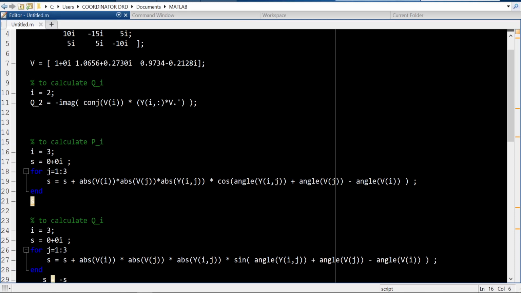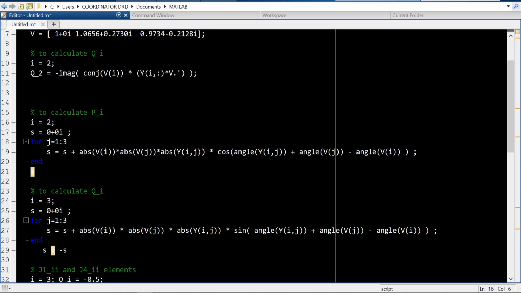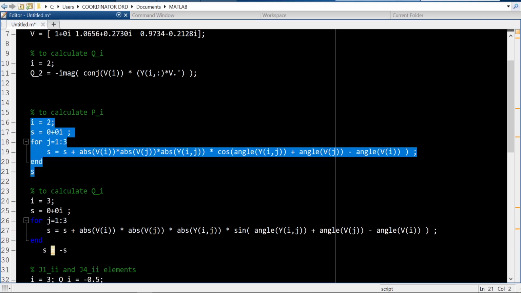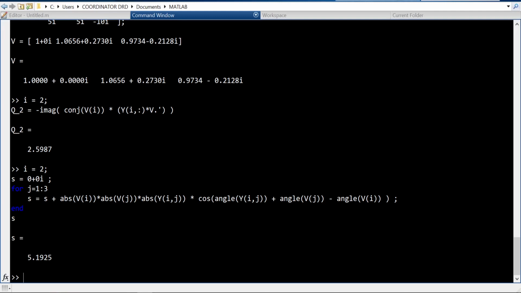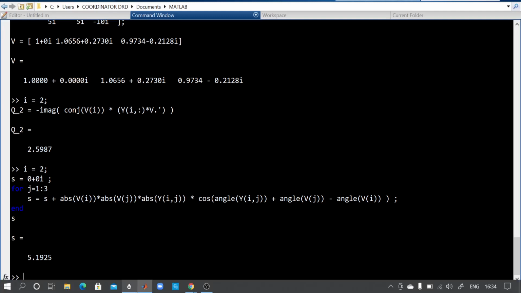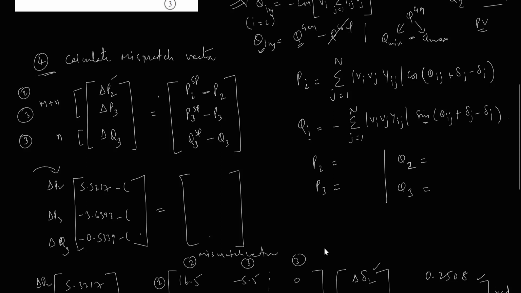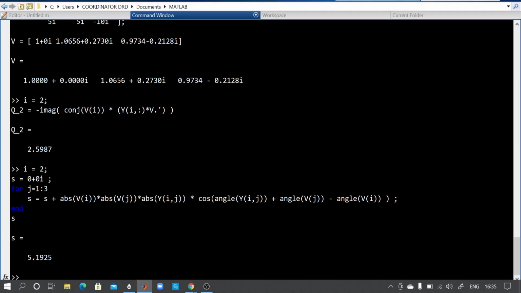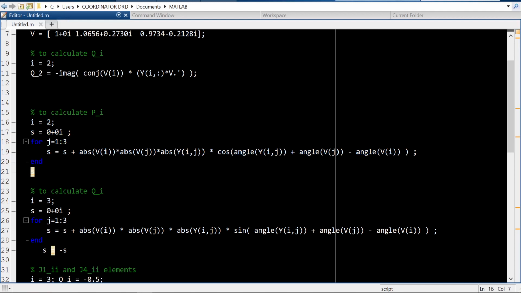So P2 is 5.1925, and P3, just change the I variable to 3, so I'll get P3.